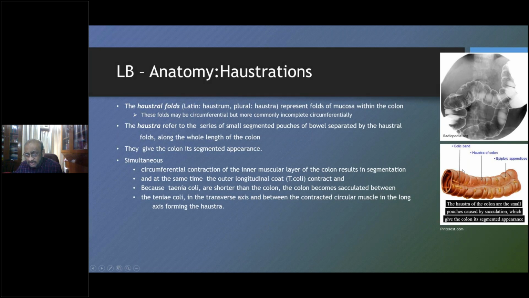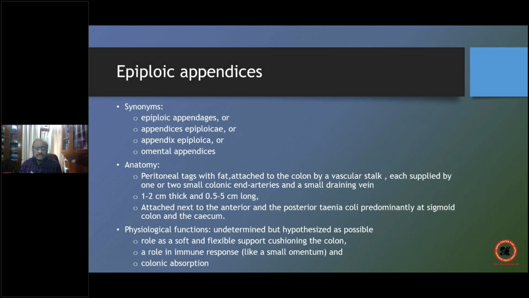Now what leads to the further outward movement? Because when the teniae contract, they are going to bunch up these segments. Why bunch up? Because of the discrepancy between the length of the teniae and the length of the colon. So it is basically a combined contraction of the circular muscle and the teniae coli longitudinal muscle which gives rise to the typical feature of a haustra.